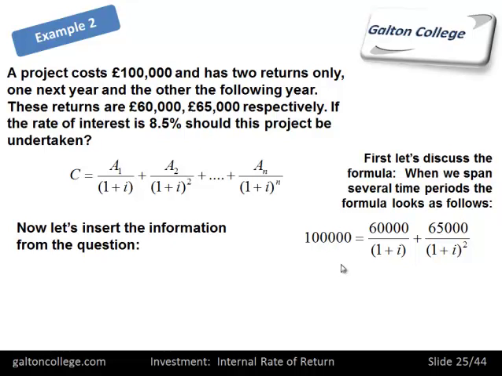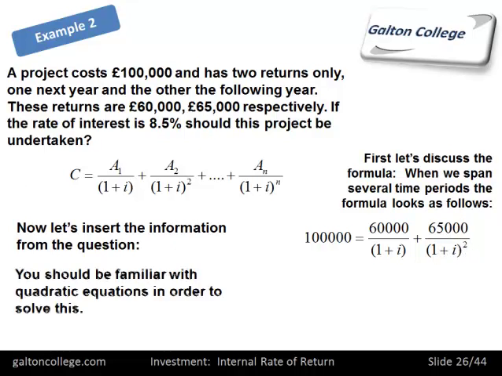So we've got 100,000 is equal to, in the first year we get 60,000 back, in the second year we get 65,000, but we have got this little square term here, don't forget. To solve this, you really need to be familiar with quadratic equations. So think back to your school days.